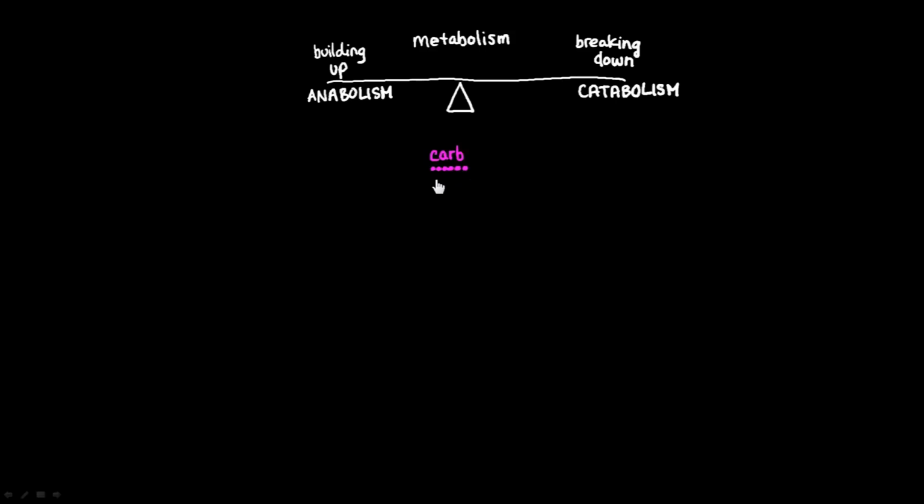And we saw in our last video that those could get broken down into their kind of component parts. And the major component, or the major single unit currency of carbohydrates, is called glucose. And that glucose, and this is very big picture, can get broken down further into a compound called pyruvate.